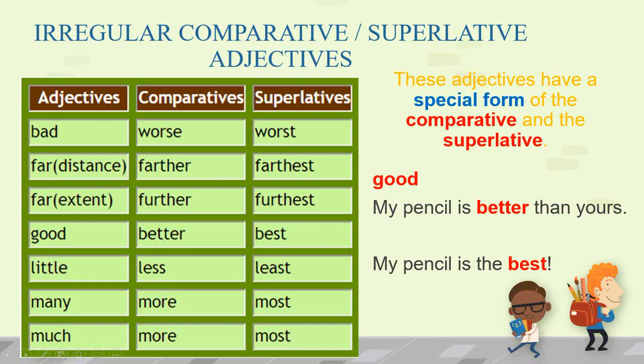We have this list of the adjectives in their normal form and their comparative and superlative forms. For example, we have bad, and its comparative form is worse, and the superlative form is worst. Far, farther, farthest.